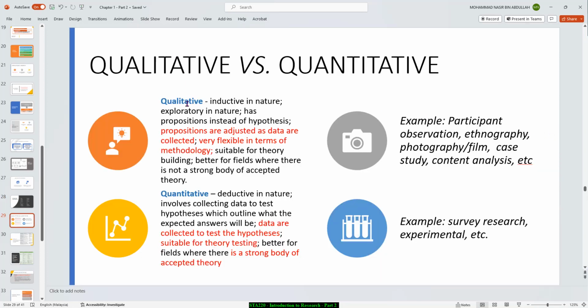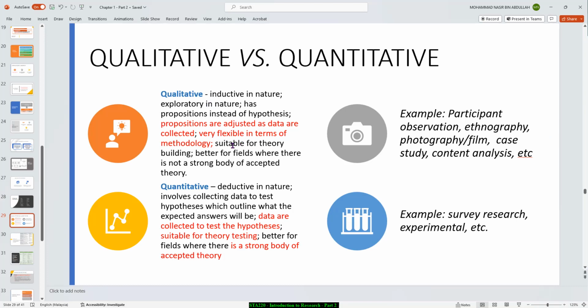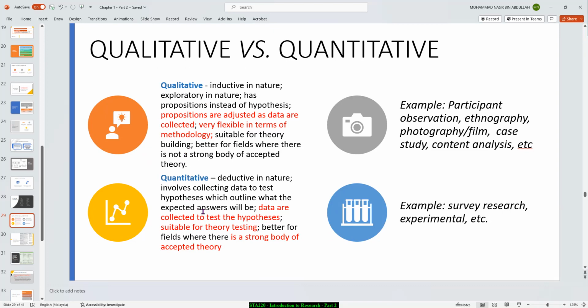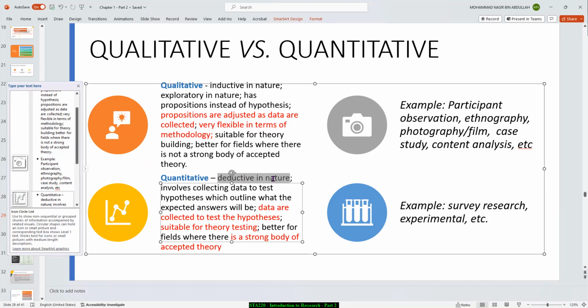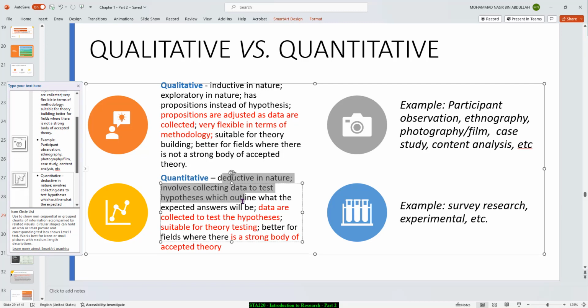So qualitative versus quantitative, tadi I dah discuss earlier, right? Quantitative is deductive in nature, involving collecting data to test hypotheses which outline what the expected answer will be.